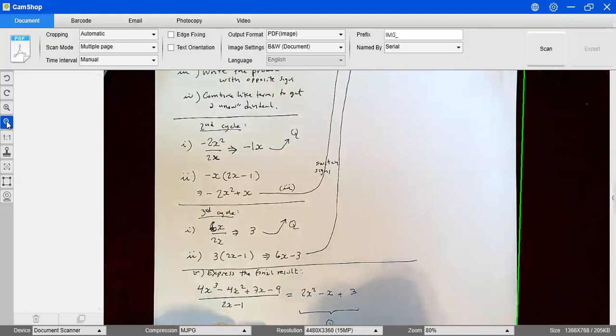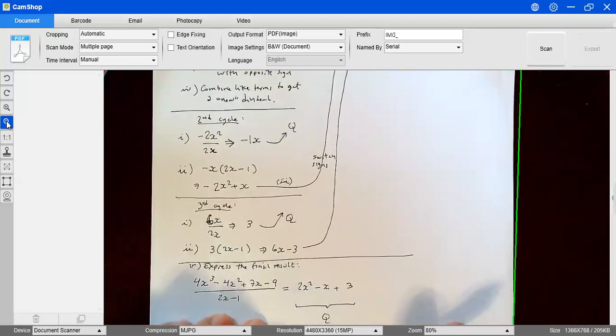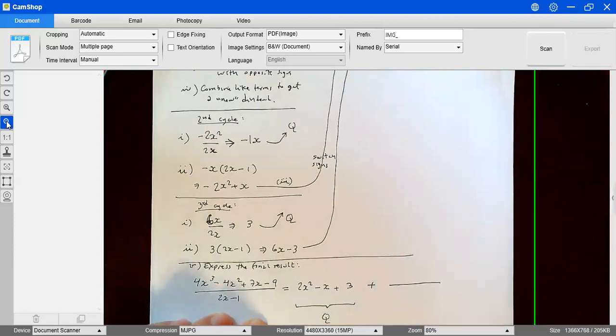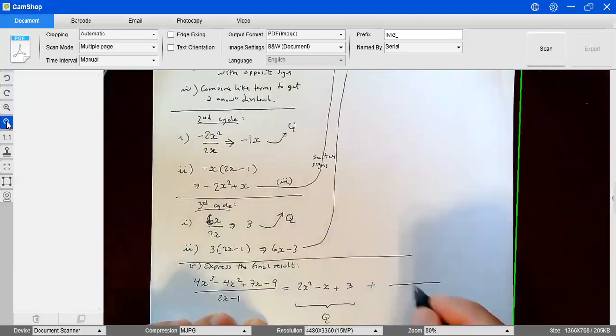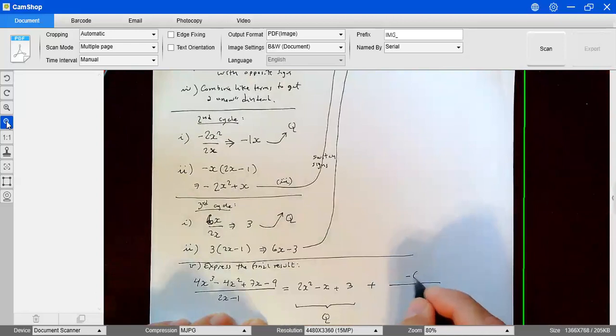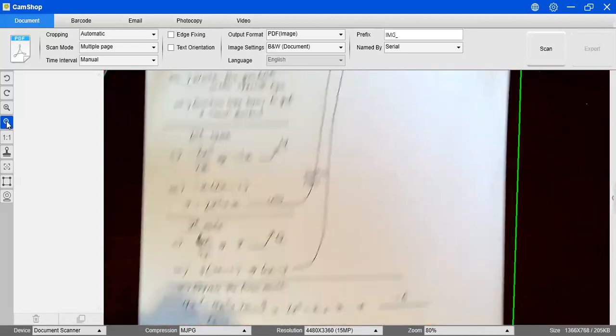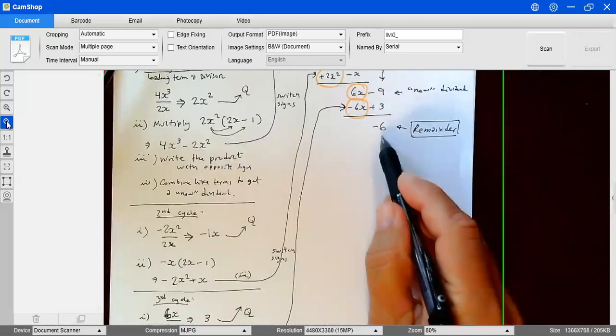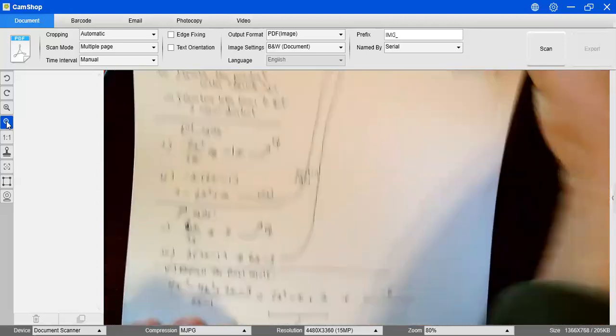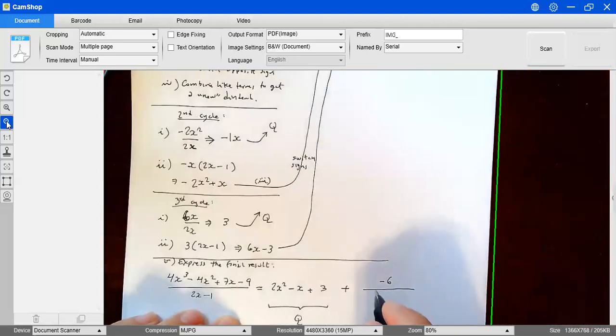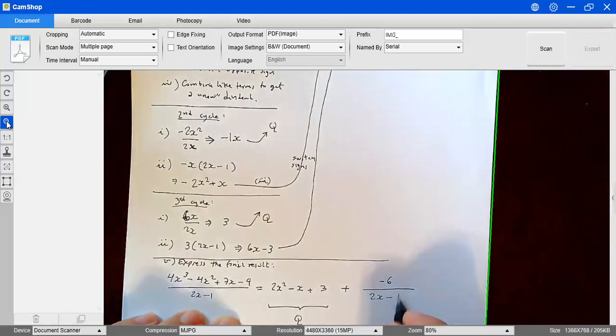And then we're going to add a fraction. That fraction is going to contain in the numerator the remainder, which is negative 6. This number here. So we're going to write the remainder, and we're going to write the divisor, 2x minus 1.